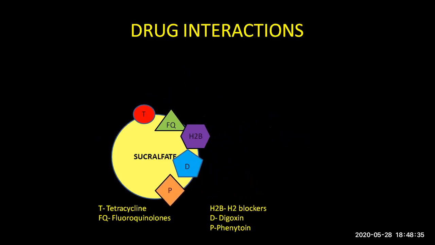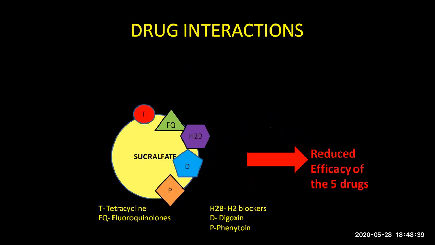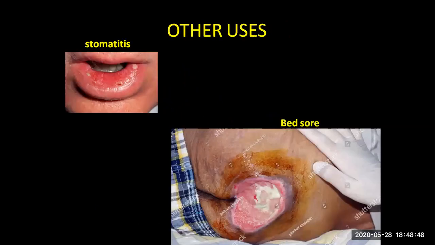So it can absorb all these drugs and reduce their efficacy. The same rule applies here: you need to maintain a gap of 2 hours between the administration of sucralfate and these drugs. Sucralfate has other uses such as stomatitis, ulcers in the mouth, and also for bed sores. So sucralfate can be used for these conditions also.